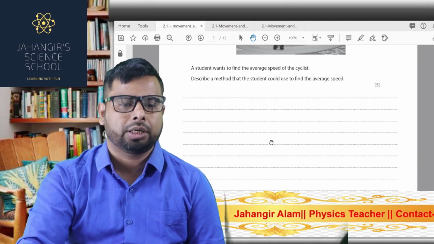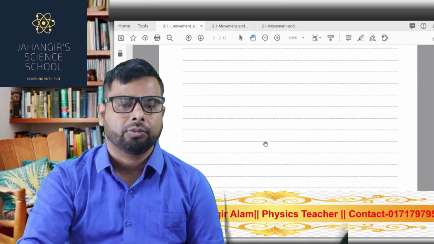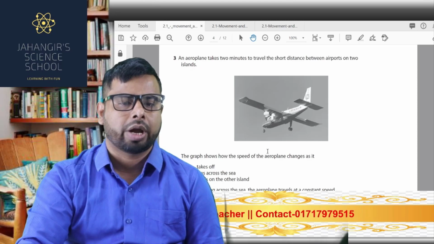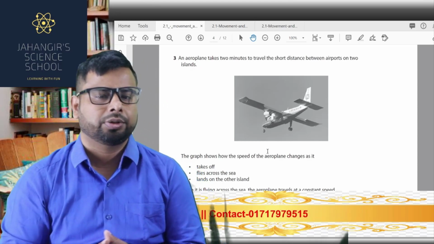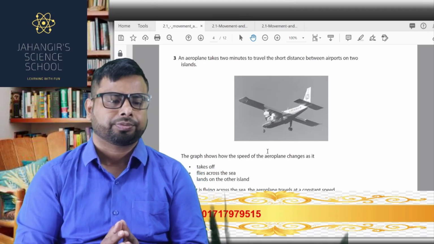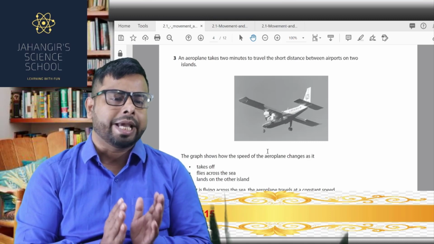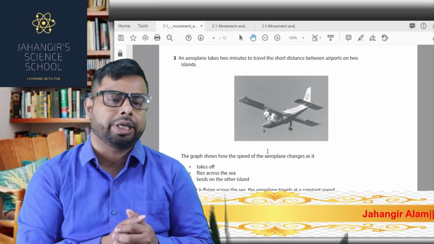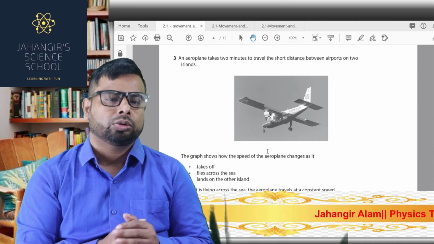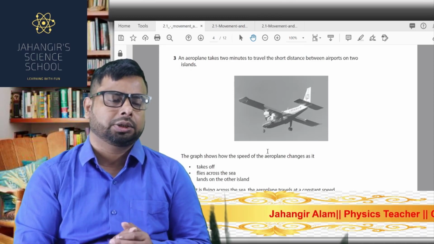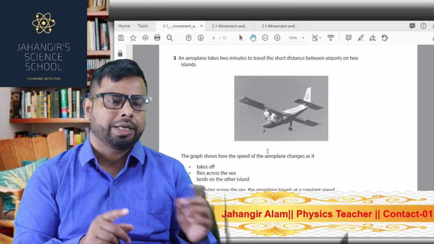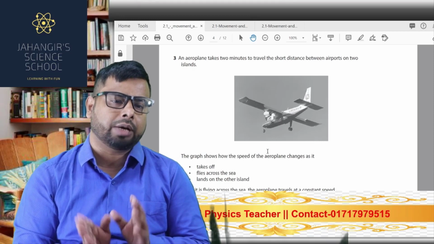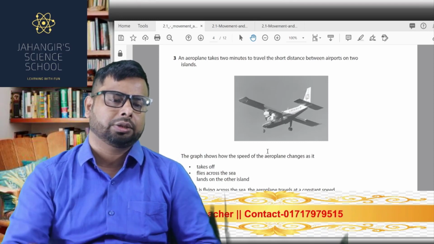Now question number 3. Read the question first. An aeroplane takes 2 minutes to travel the short distance between airports on 2 islands.